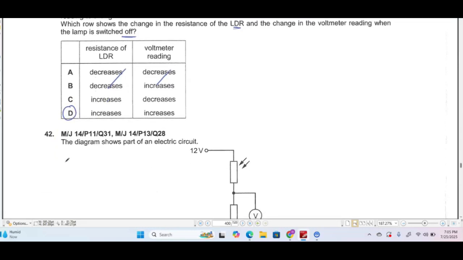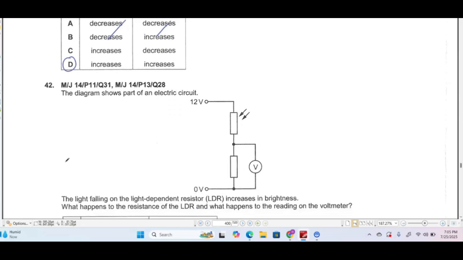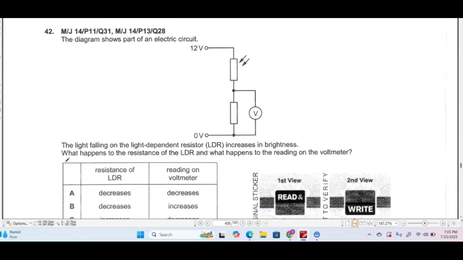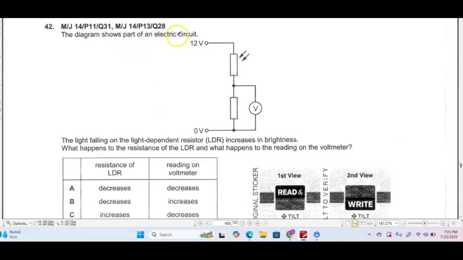Moving on to question number 42. The diagram shows part of an electrical circuit. The light falling on the LDR increases in brightness. What happens to the resistance of the LDR and what happens to the reading on the voltmeter? We've just established that light is more, resistance is less.